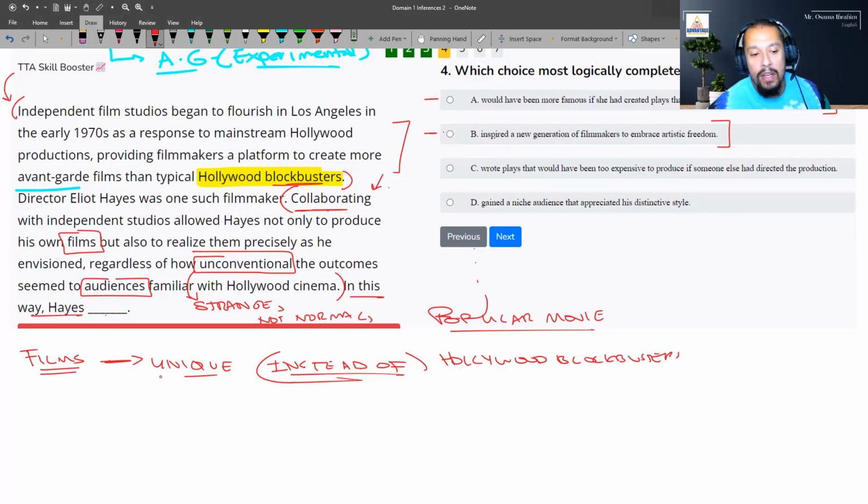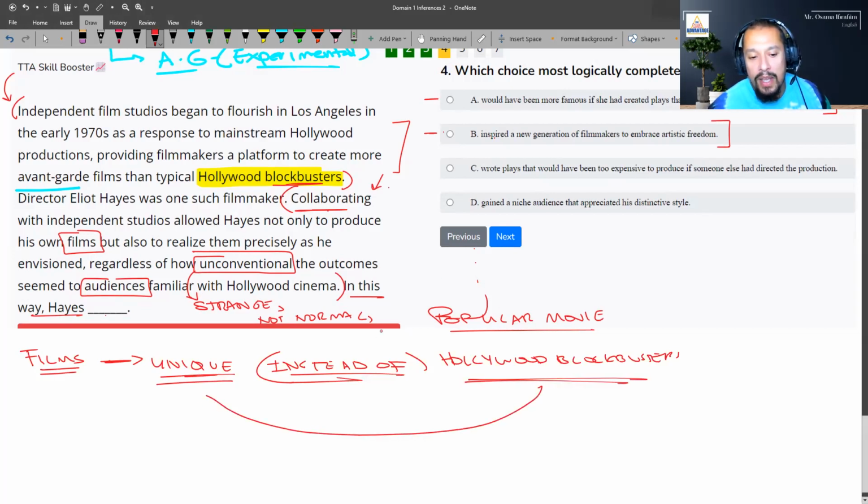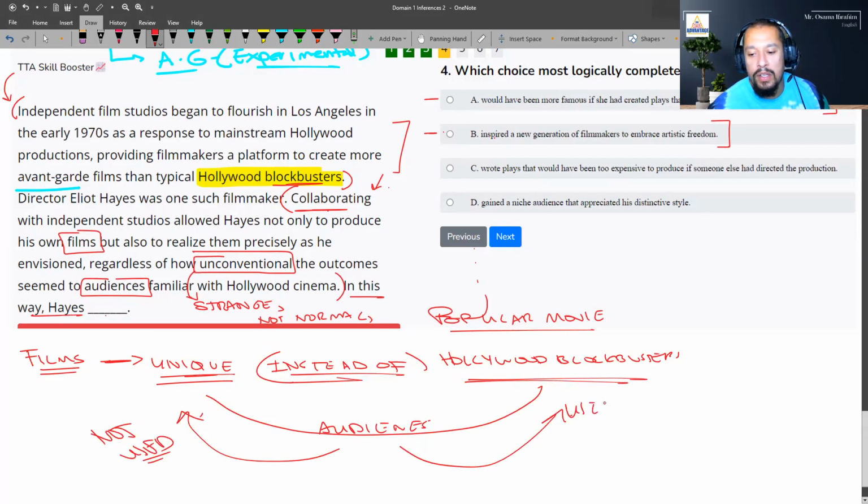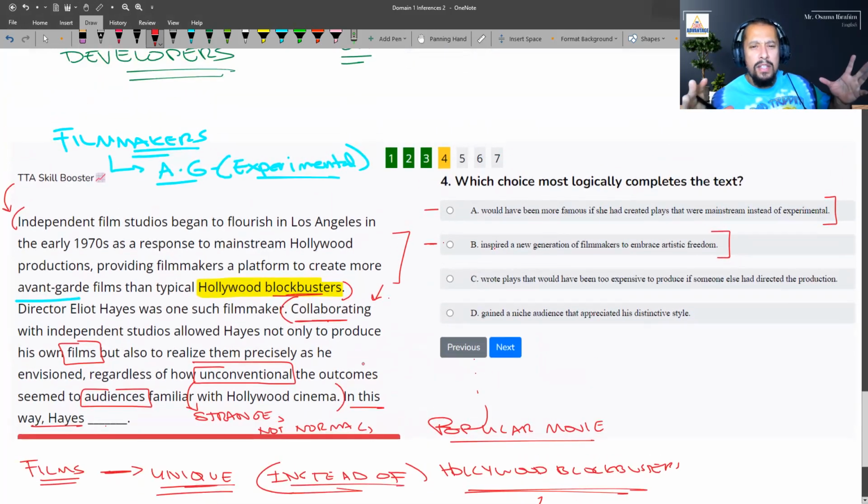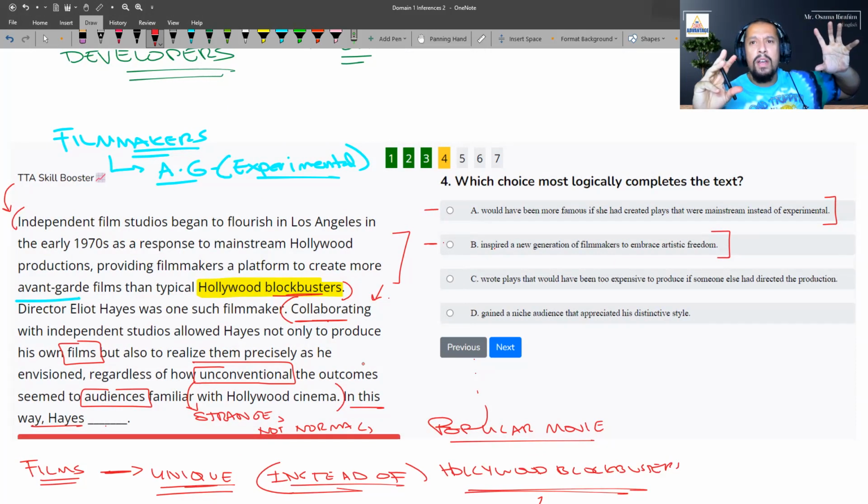So if I made a unique, strange, unconventional film instead of a Hollywood blockbuster, what does that mean for audiences? It means the audiences are not used to this, right? It's not typical for them, but they are used to this, right? This is the typical movie. This is the acceptable movie. So if he made unconventional movies instead of blockbusters, what can we say about him?